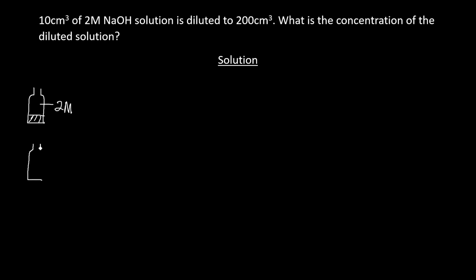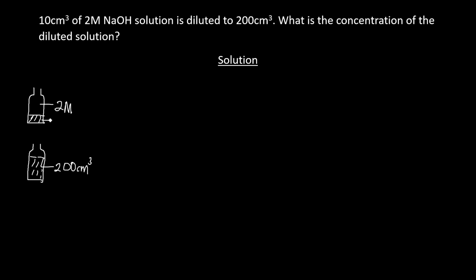Let's assume this is the same bottle, but this time around it has been diluted. The only thing that has happened is perhaps extra water has been added, and it has been diluted to 200 cm cube.